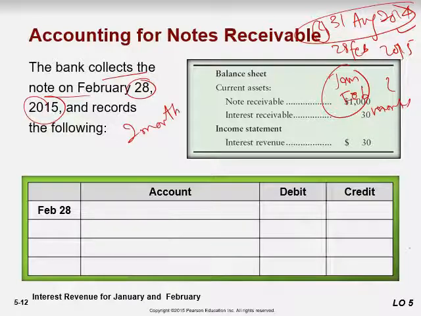So how are we going to record it? The interest is, let me just write it down here, 1000 multiplied by 9% multiplied by 2 by 12, it is equal to 15.